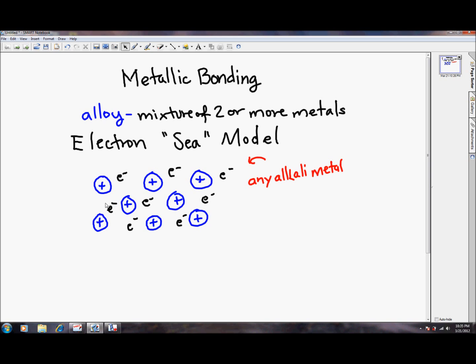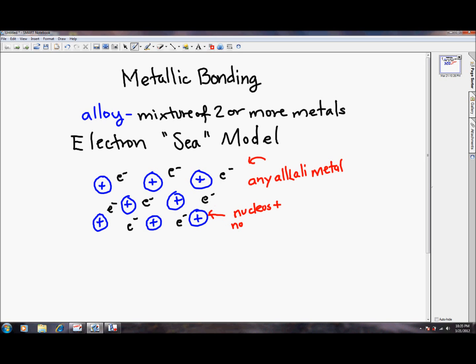They've left the valence orbital of one atom and they're going to the orbital of the next metal atom. So we call this the sea model because it's like a sea of electrons all moving around, going from metal atom to metal atom. So the question is, well, why are these shown with a positive charge, and what is this actually?